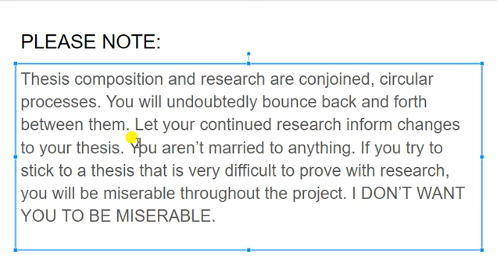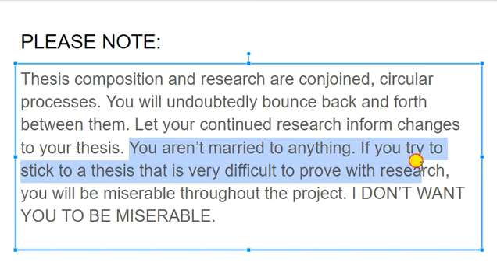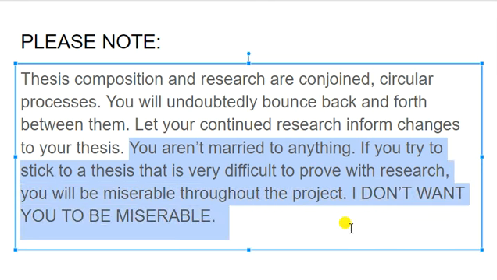Okay, I'm going to continue reading here. You aren't married to anything. You are not married to that thesis statement just because you've already been assessed on it. If you try to stick to a thesis that is difficult to prove with research, you will be miserable throughout this project, and I do not want you to be miserable. Okay? So now you're going to dig deeper. You did some very light research to be able to compose your thesis statement, but now you are doing deep research to try to prove that thesis.